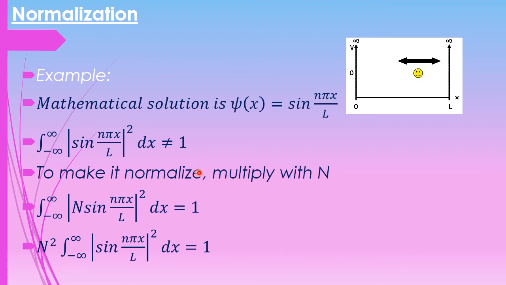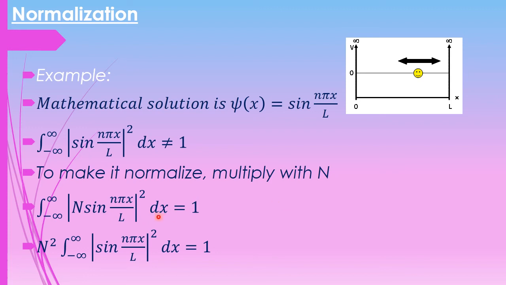If we multiply with a constant N, we get n number of solutions, but we need only one solution, which gives the physical representation of the particle.